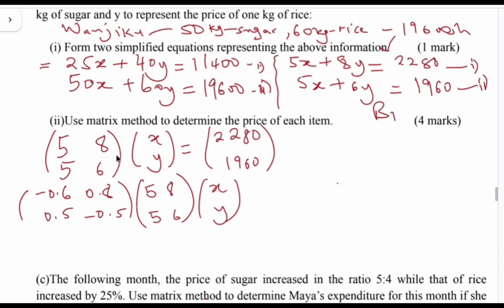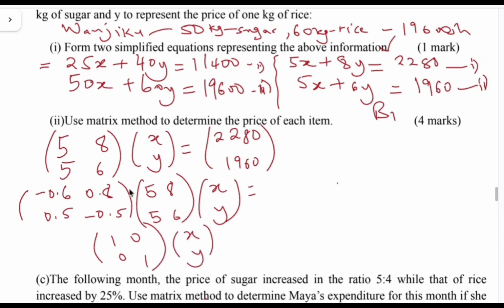The reason kwa nini to multiply na inverse yake ni kwa sababu utataka kuifanya into unit matrix. So hii times hii itakupa unit matrix ya 1 0 0 1 automatically.